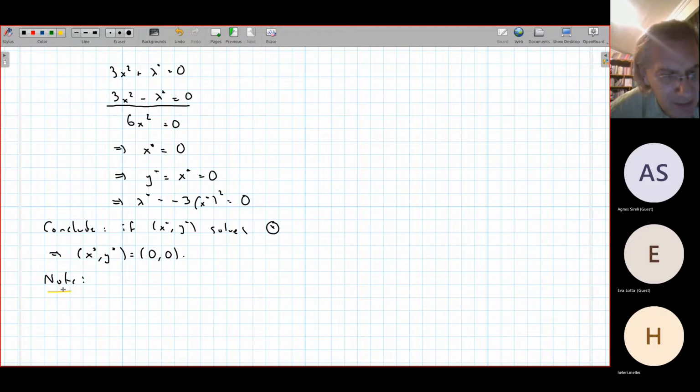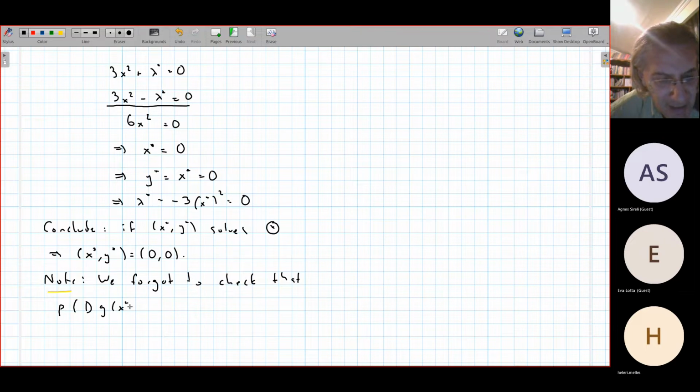Here we forgot to check that the rank of the derivative of g at x star, comma y star, is equal to k. And this is with an exclamation mark. This is not a factorial, okay?